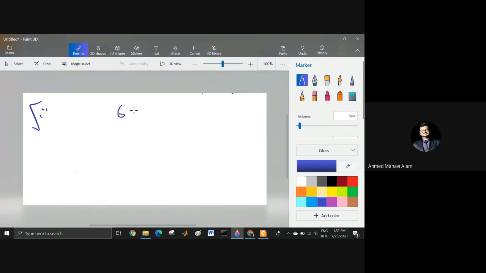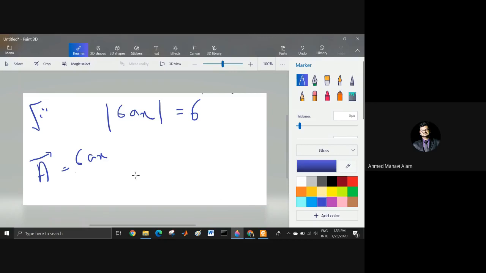Suppose 6ax, this is a vector quantity, isn't it? Yes, sir. Now for this vector, what is the magnitude of this vector? What is the magnitude? 6, right? Yes, sir. The vector quantity here is 6ax. The magnitude is 6.